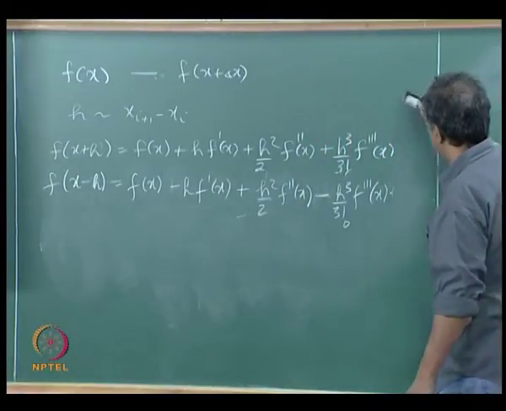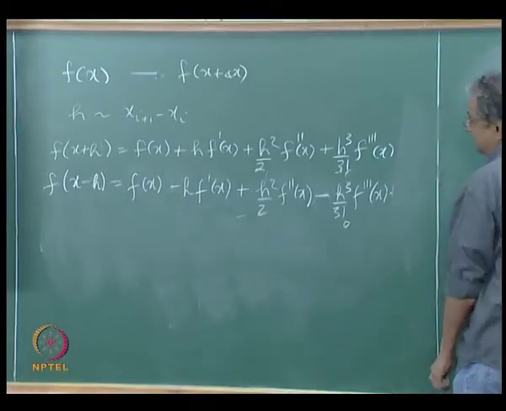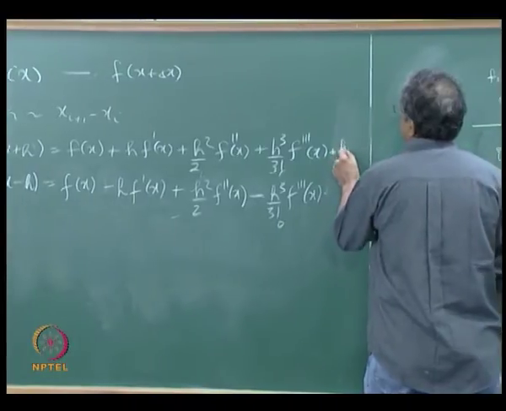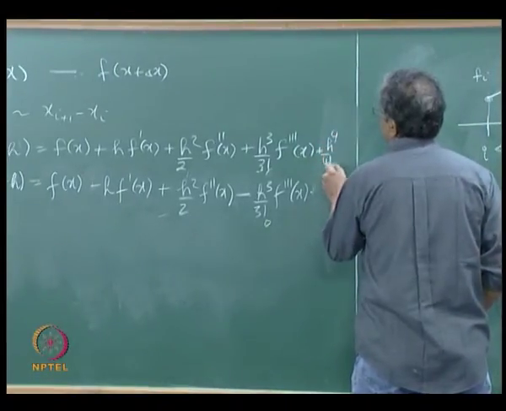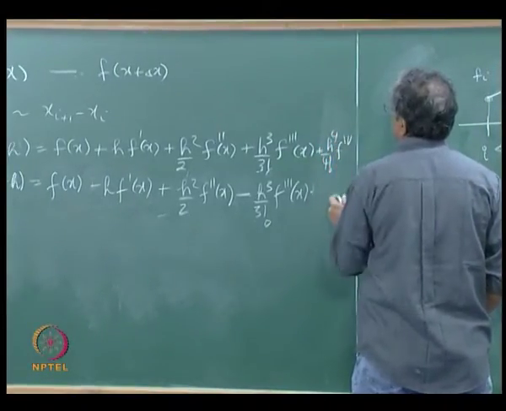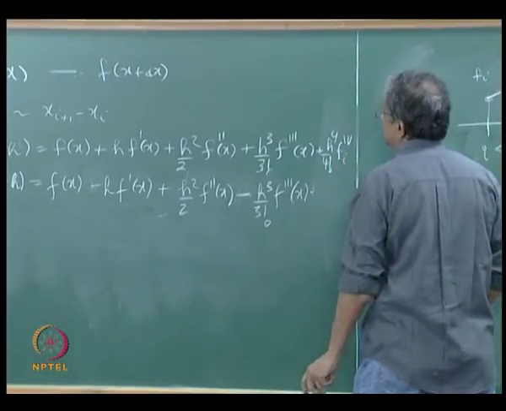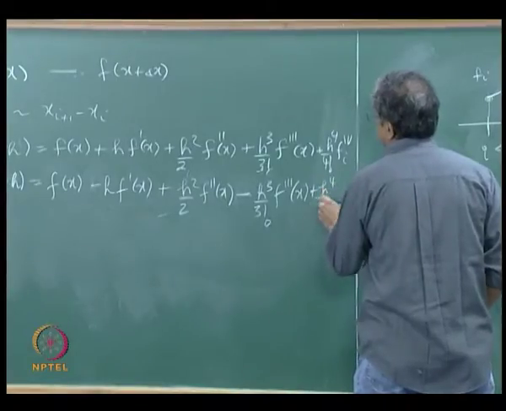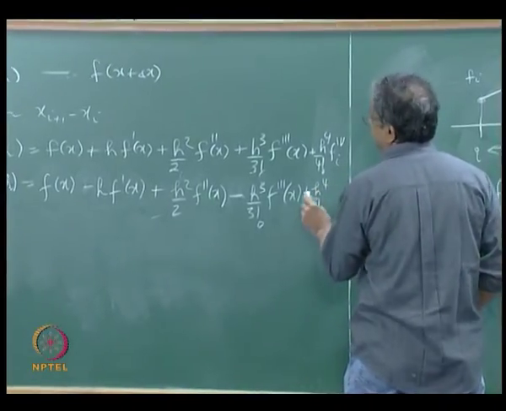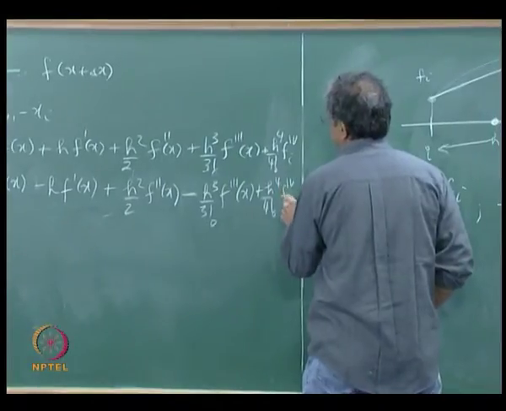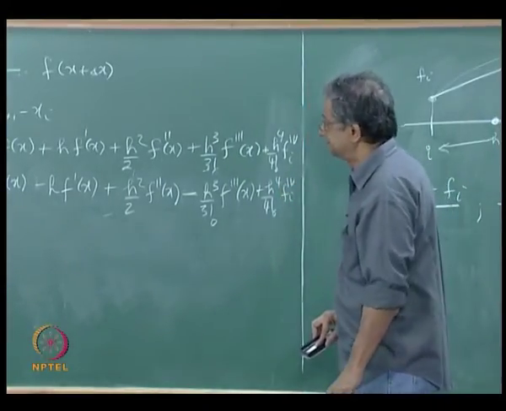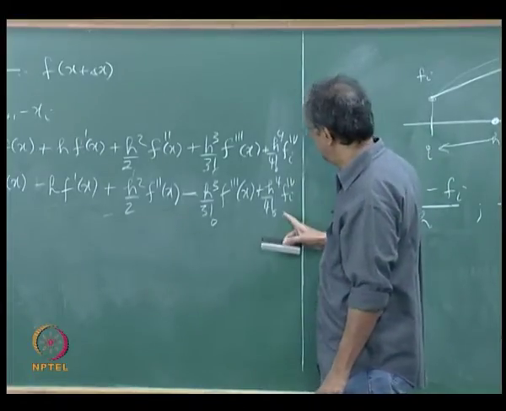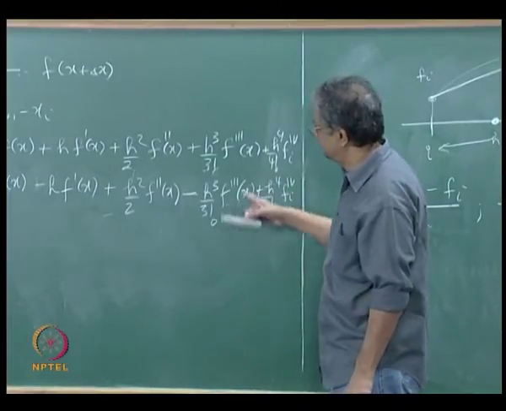So just to be careful, I will add one more term, and you allow me to change the notation slightly: h to the 4 by 4 factorial, f fourth derivative at I. Is that okay? Fine. So I am going to go with this subscript I.